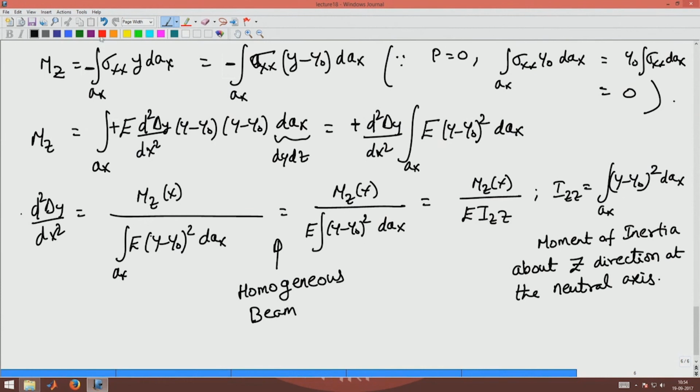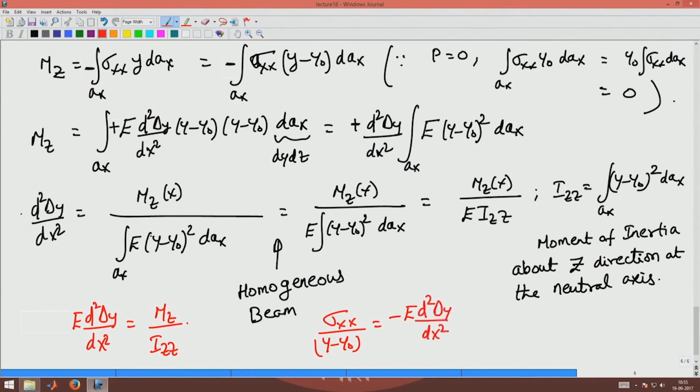So, we get the equation minus E times d square delta y by dx square is Mz by Izz. We saw before that sigma xx by (y minus y naught) is again minus E times d square delta y by dx square.